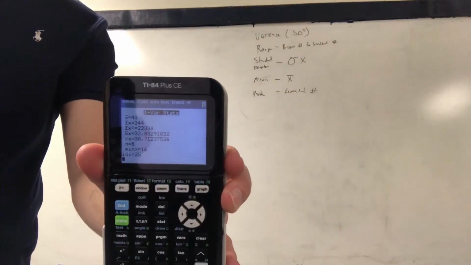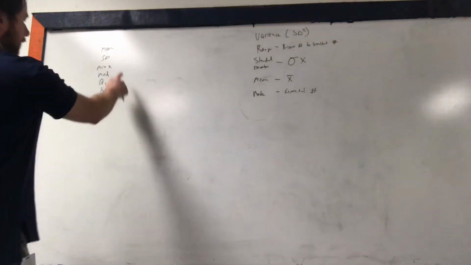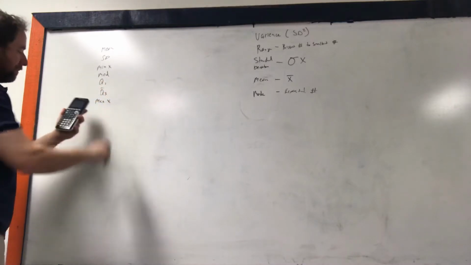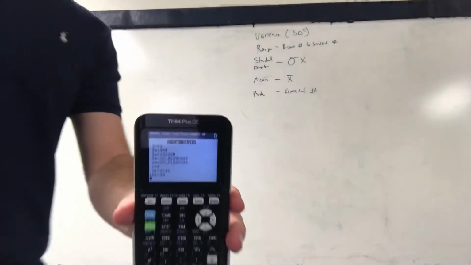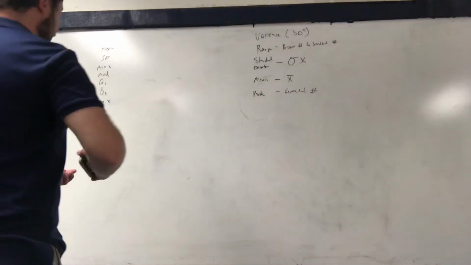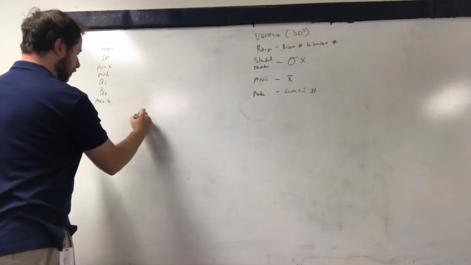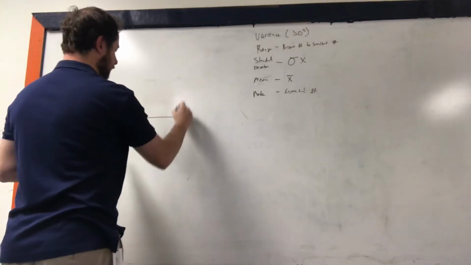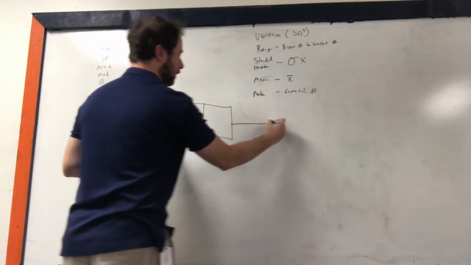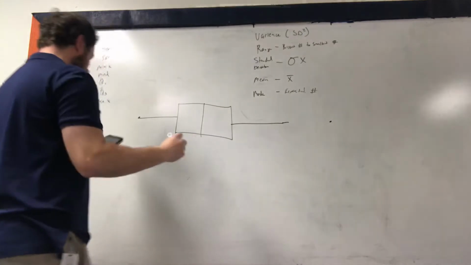Now in this problem, they asked for different things. They wanted the mean, the standard deviation, the min x, the median, the Q1, the Q3, the max x. And all of those numbers you will be able to come up with by using your calculator. Another thing they want you to do is create a box whisker graph, and this one will label everything.